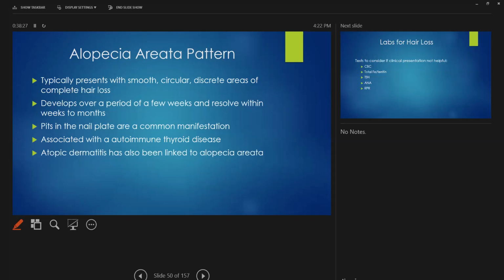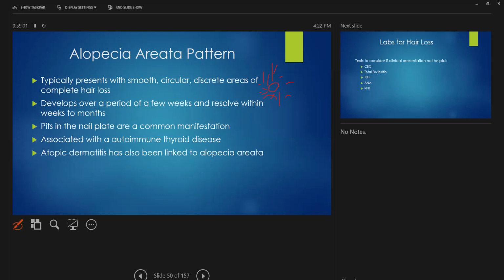Alopecia areata pattern typically presents with a smooth, circular, discrete site of complete hair loss. So you may just have one site of hair loss on the scalp. So you've got all this hair around it, and then you've got basically kind of like this hole of hair growth here. Develops over a period of a few weeks and resolves within a few weeks or months.